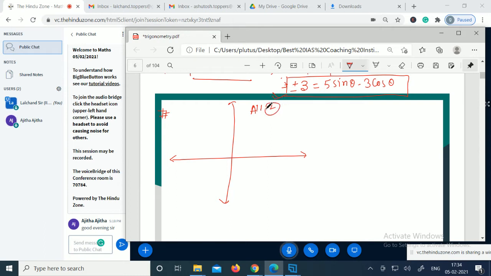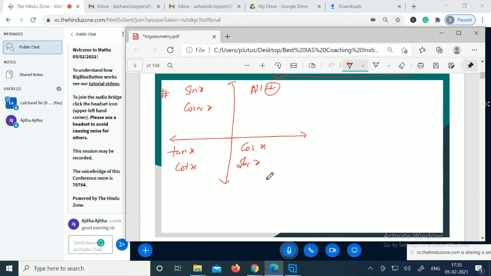In the third quadrant, tan and cot. And in the fourth quadrant, cos and secant. Based on this information, some questions are asked this way.